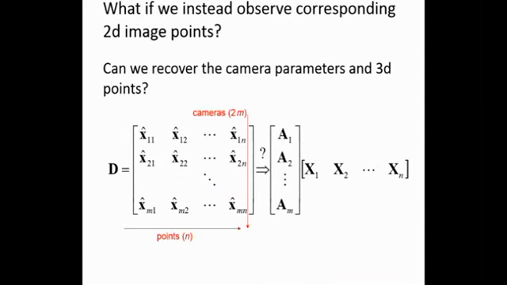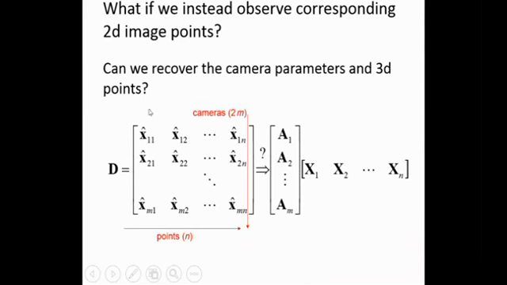We have the 2D points, this big matrix of values. I'm organizing my data by storing for every pair of rows the U and V values that are seen by a given camera. And for every column, I have a different observed point. So this column would be a single point that's observed by all the cameras.